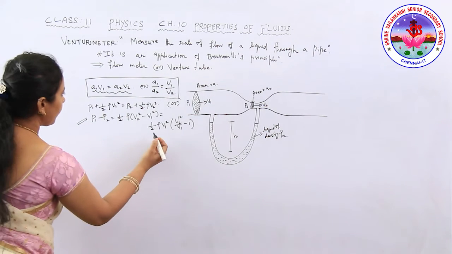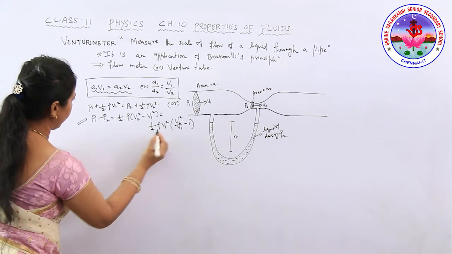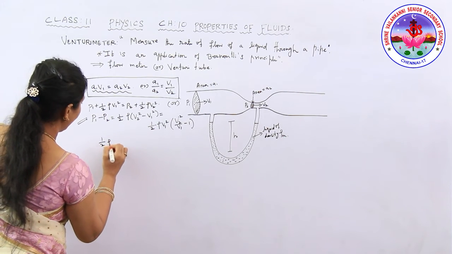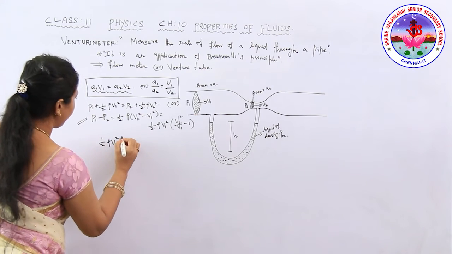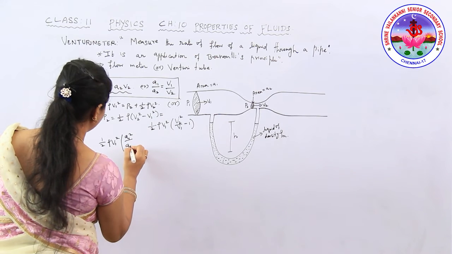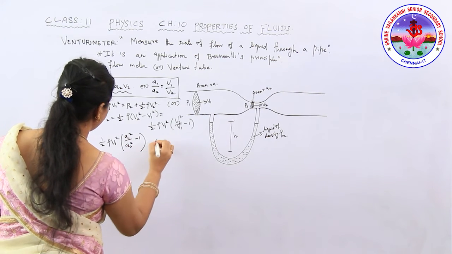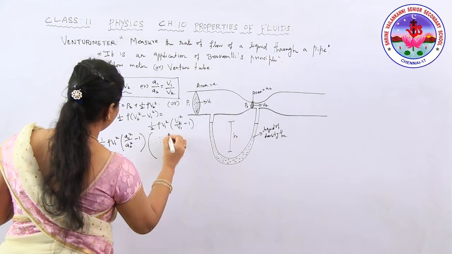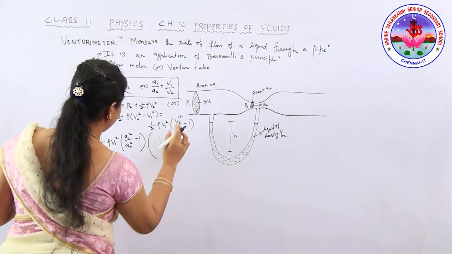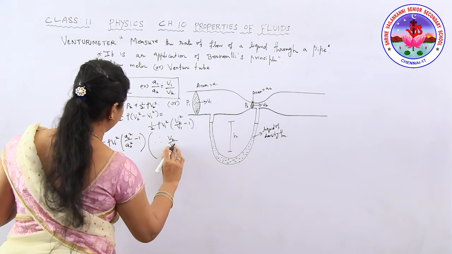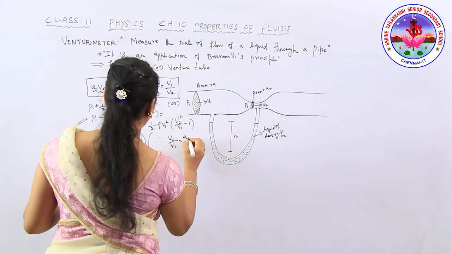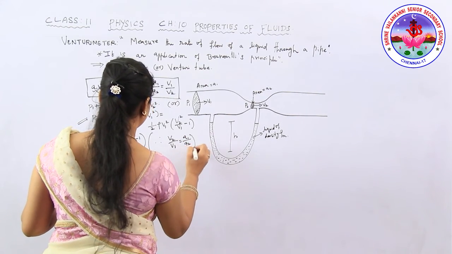So half rho V1 square, we can write as half rho V1 square into A1 square by A2 square minus 1, because V2 by V1 is equal to A1 by A2.